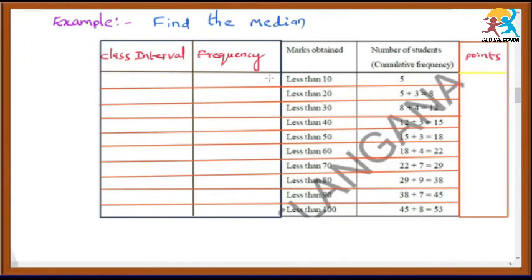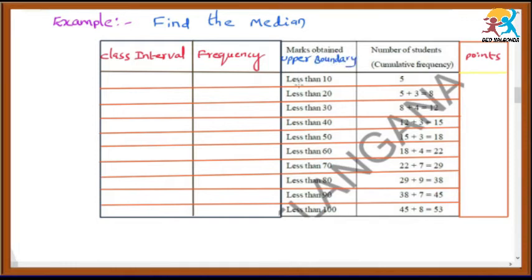So, in our new question, just observe, less than or below, two words give the same meaning. So here we got less than 10, that means this will be the upper boundary. So in the place of marks we can write upper boundary, no problem.